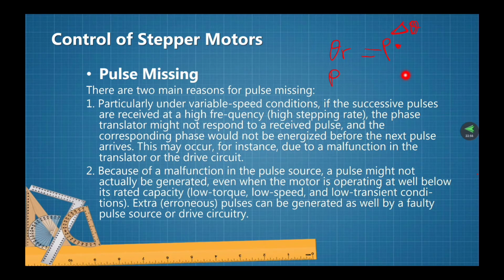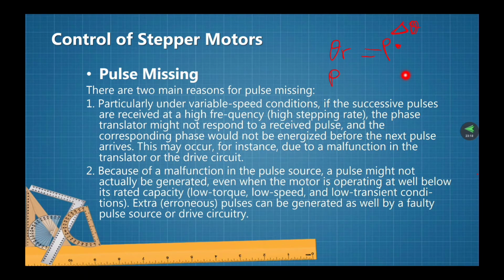In summary, the missing or dropping of a pulse can be interpreted in two ways. First, a pulse can be lost between the pulse generator, for example, a computer or controller, and the translator.